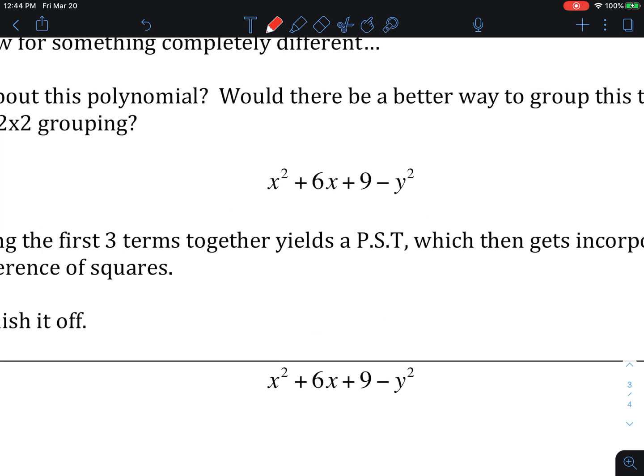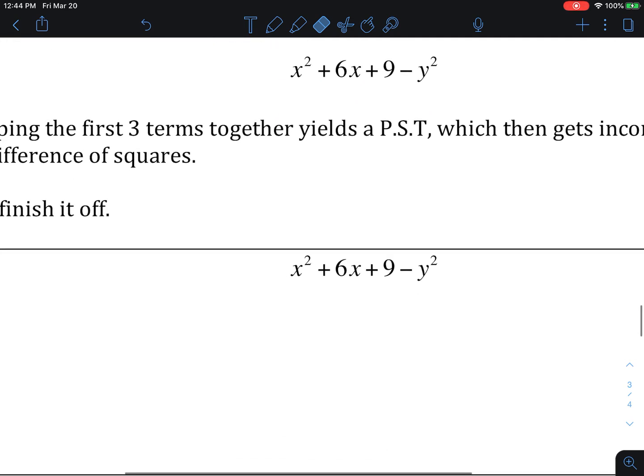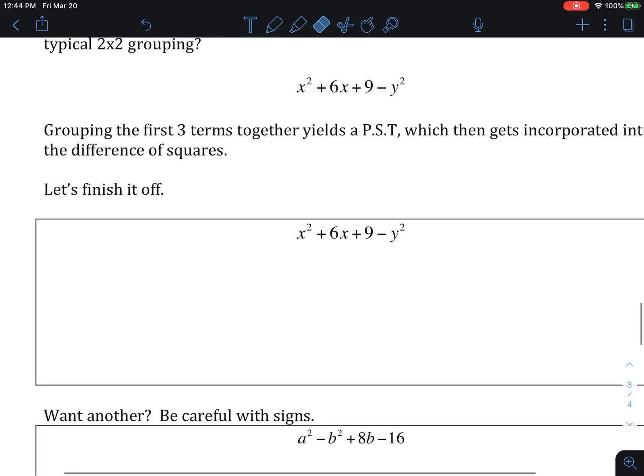If we look closely with this polynomial and we think about what would happen if we did 2 by 2 grouping, we realize suddenly, let's see, x plus 6. Then we realize, you know what? We're not going to get a common factor from the 2 by 2 grouping. So 2 by 2 grouping is not the technique that we want to use here.